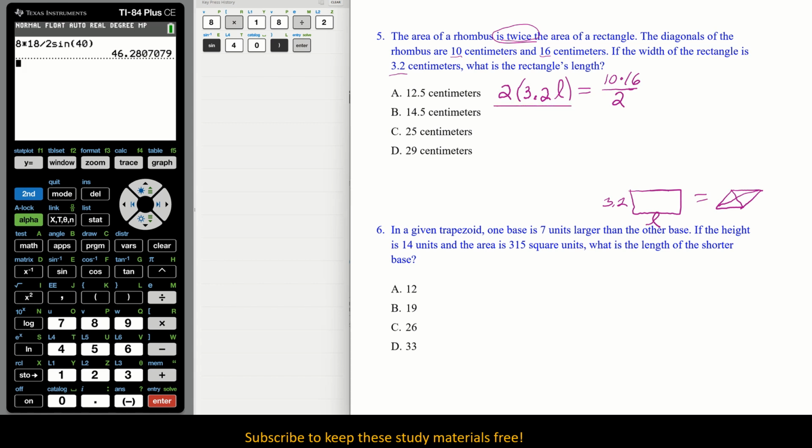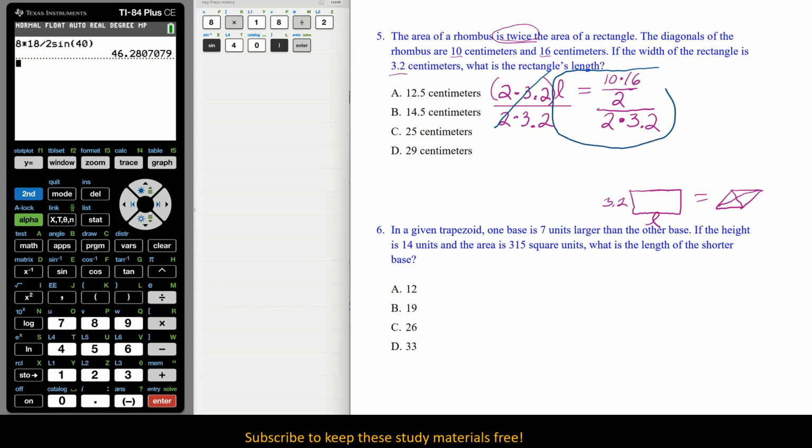So I am going to do a little rewriting, put my parentheses there, and divide both sides by 2 times 3.2. That would imply this is canceled, and I could put this in the calculator just like this.